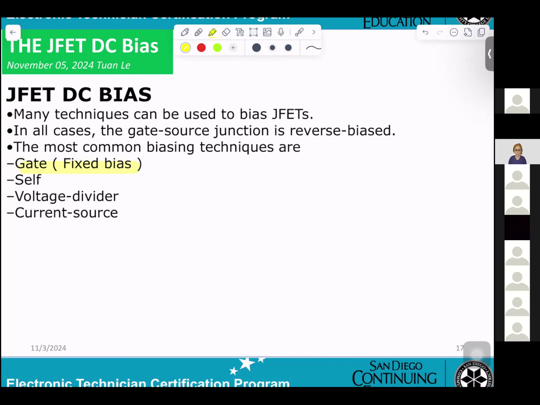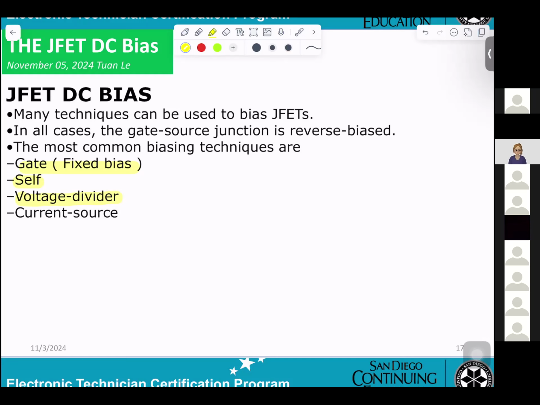The second one, self bias. The next one, voltage divider bias. That's what we emphasize. That means you want to calculate the DC bias. You get three ways. Supposed to be 4, but we emphasize on only 3.